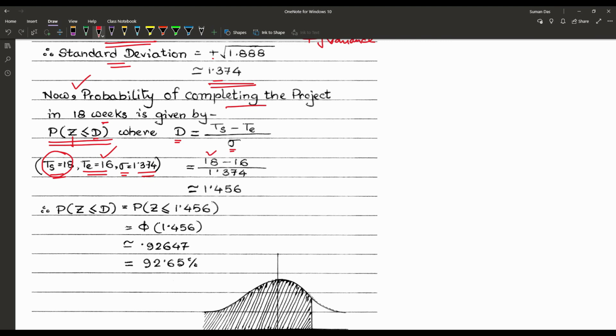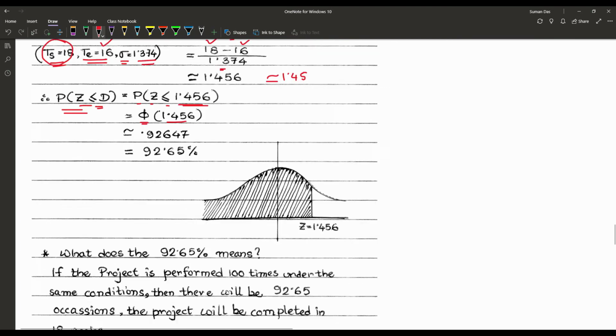Now TS is equal to 18, TE is equal to 16 and sigma is equal to 1.374, so D is nearly equal to, we are writing it, about 1.45. So we have to find P(Z less than or equal to D), meaning P(Z less than or equal to 1.45), that is phi of 1.45.